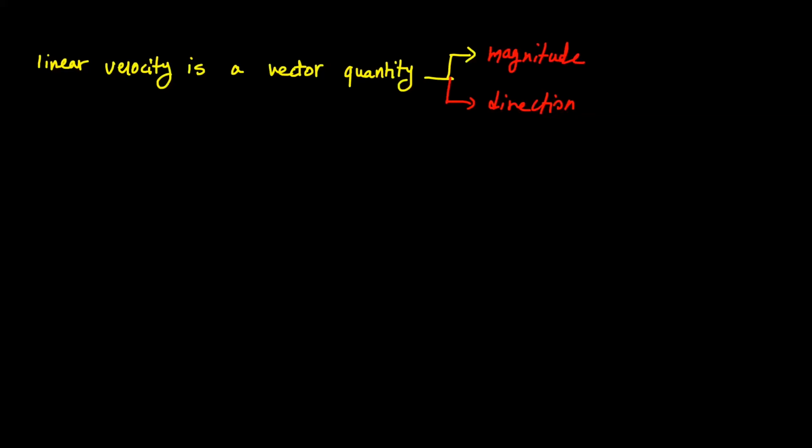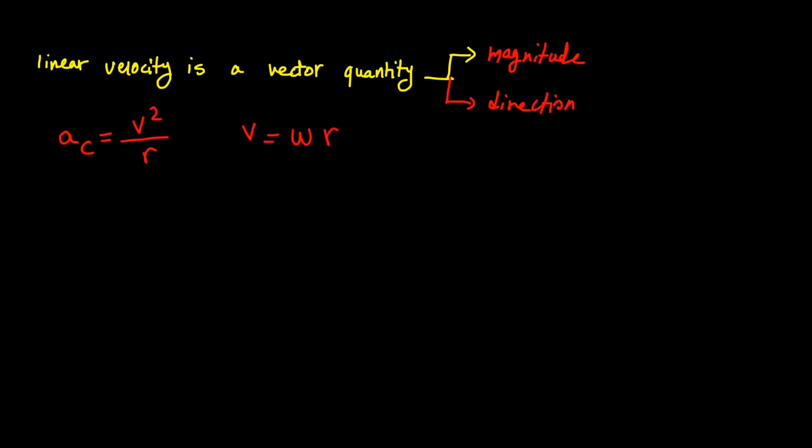Right now we want to find out about angular acceleration. In my previous video we learned that a_c, that is centripetal acceleration, is equal to v squared divided by r, and its direction always is towards the center of the circle. Also in this video, we learned that v equals omega, that is angular velocity, times r.